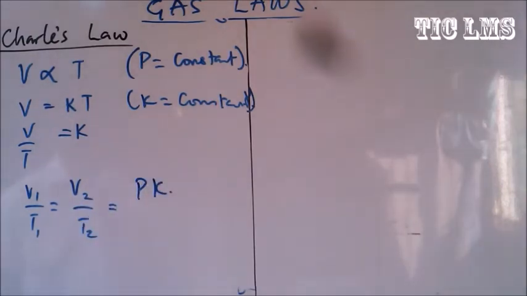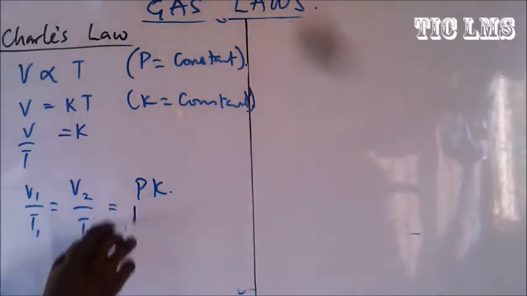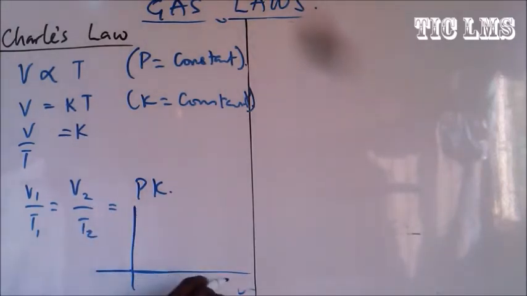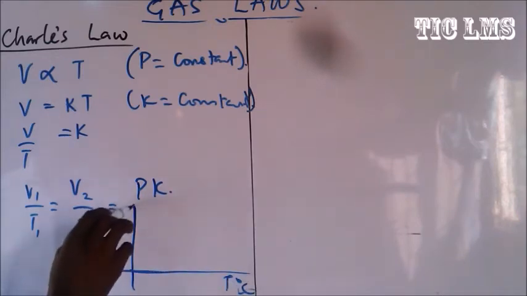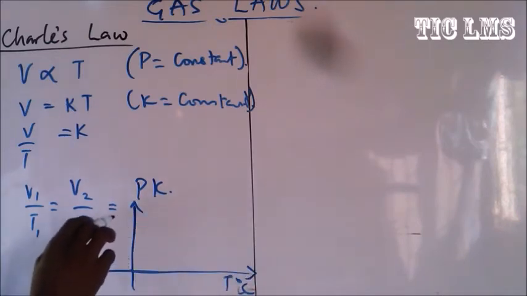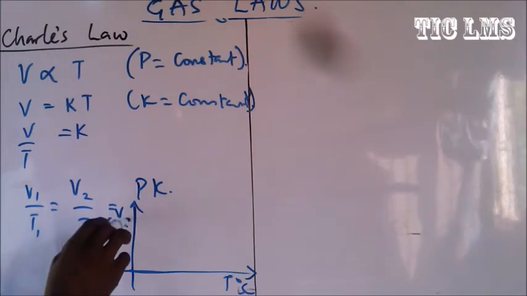And then we have a graphical representation of our Charles' law like this, with this being the temperature in degrees Celsius, and here we have our volume in cm cubed.